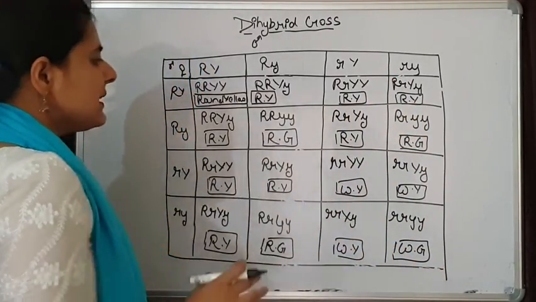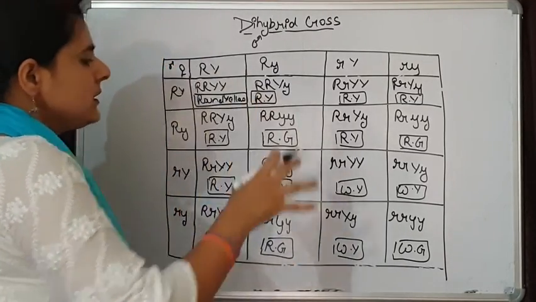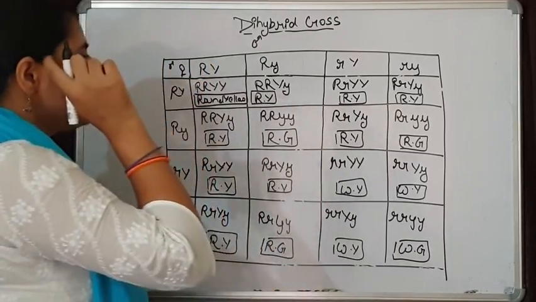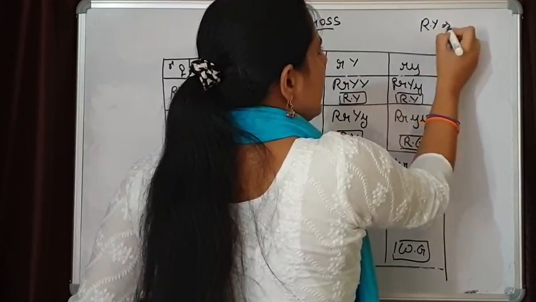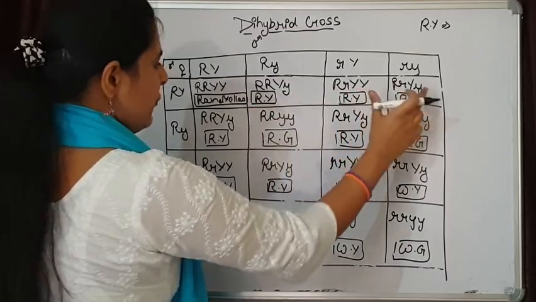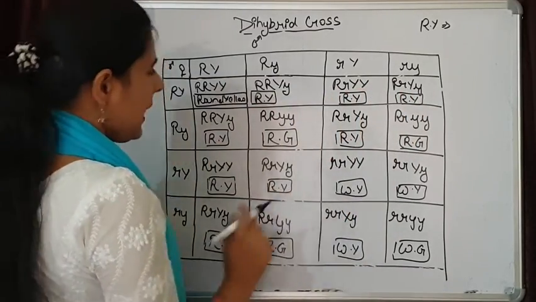So if we see the dihybrid ratio, there is an important thing to note about this Punnett square, which we haven't noticed earlier. If we want to see the plants round and yellow, we count them: 1, 2, 3, 4, 5, 6, 7, 8 and 9.